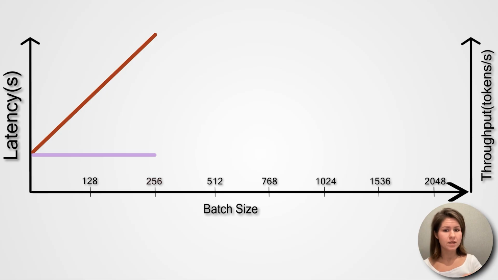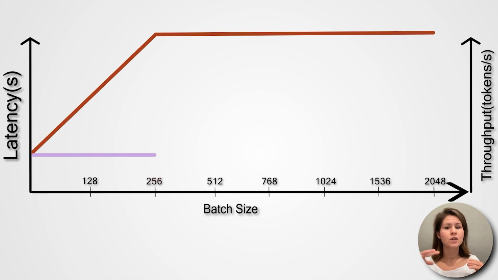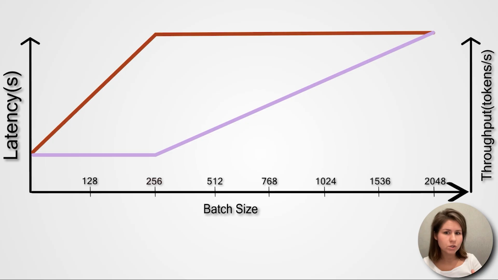At a large batch size, you hit a transition point, after which your throughput stays flat. You've maxed out on compute. At the same time, latency starts climbing up. That's because most of your time is now spent on compute and not on data movement, and adding more tokens to your batch increases compute.